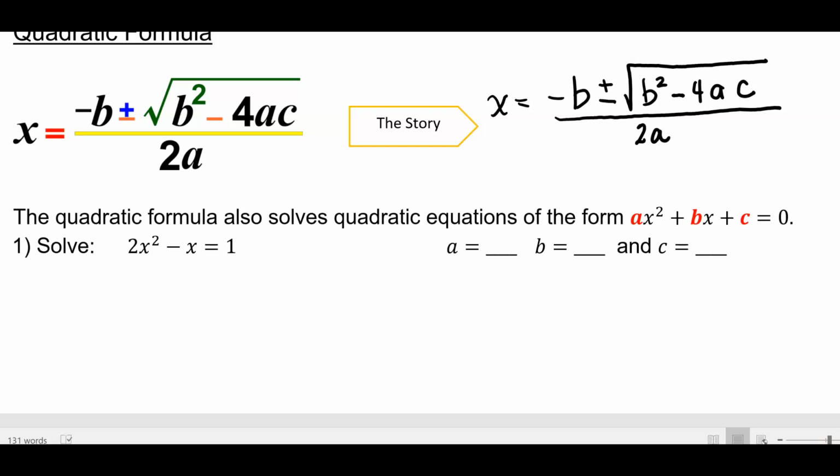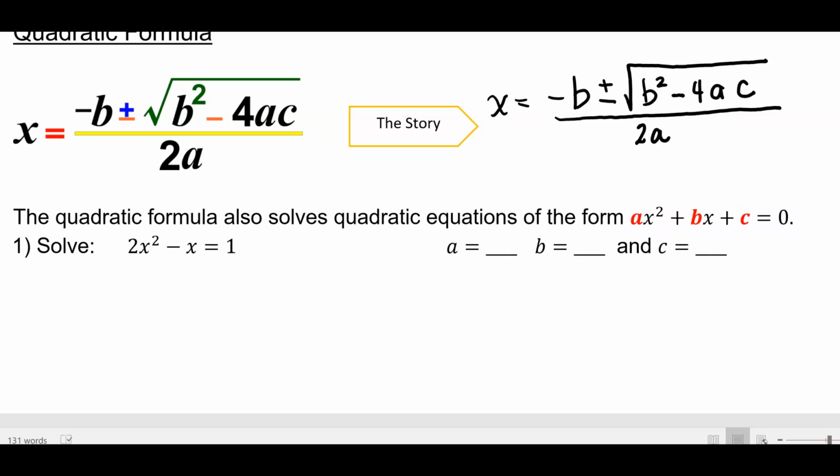So we're going to make substitutions for what a, b, and c are. In order to do that, however, we need to get everything on the left side, or on one side, like ax squared plus bx plus c equals 0. This is the format you need to begin with before you decide what a, b, and c are.